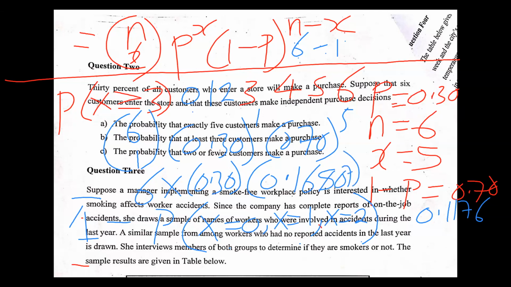So when you multiply everything together, 6 times 0.30 times 0.16807, what do you get? 0.302526. Okay. Now you have to do it with 2.